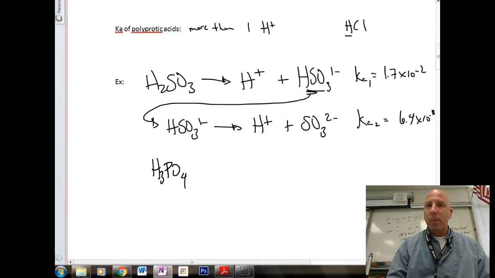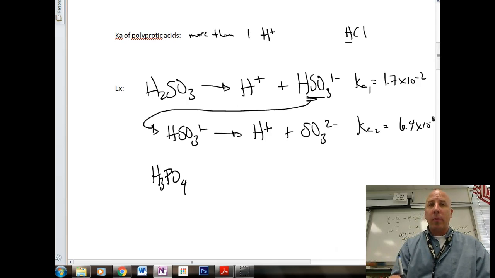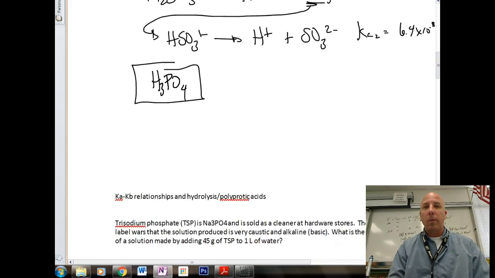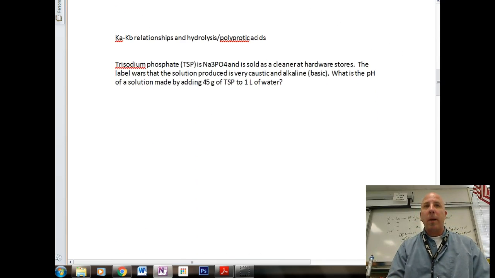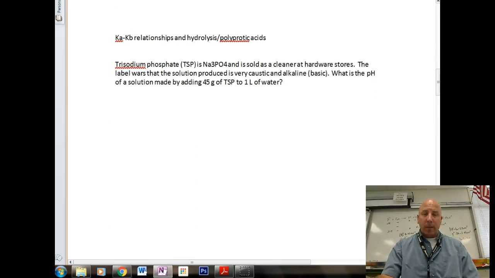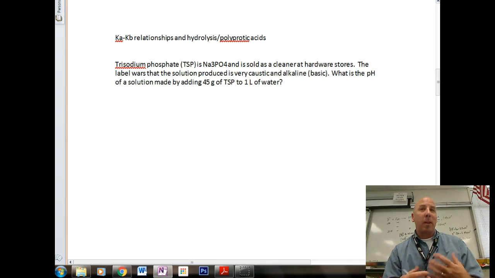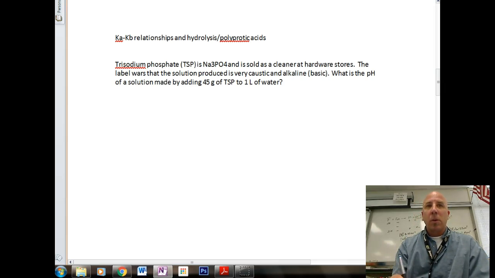Okay, so let's look at a problem that actually involves this, but we're going to look at it from the hydrolysis standpoint. We're going to deal with Ka-Kb relationships as well as hydrolysis reactions like we talked about at the beginning, and polyprotics all in one problem. Here's a good problem for that. TSP, trisodium phosphate.